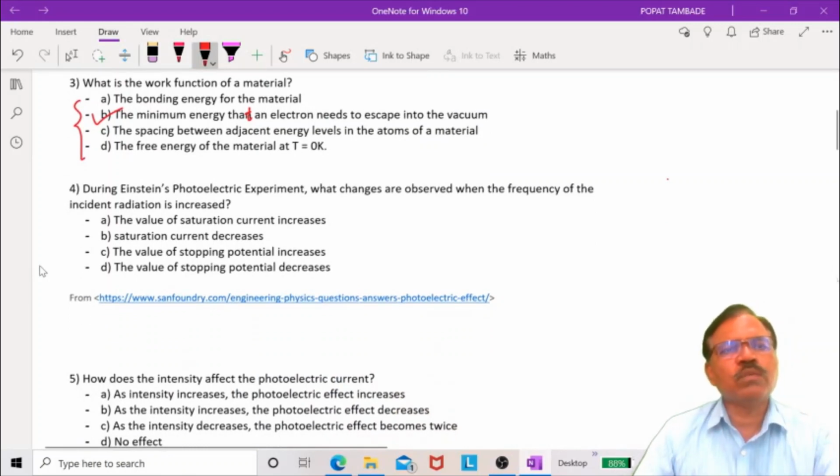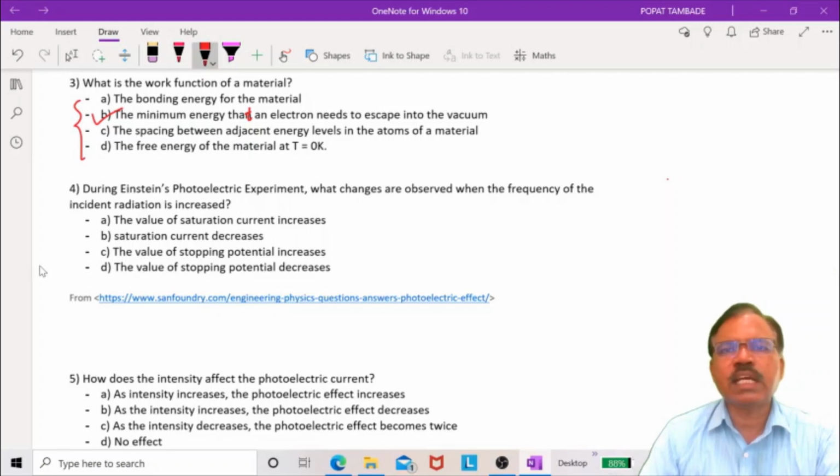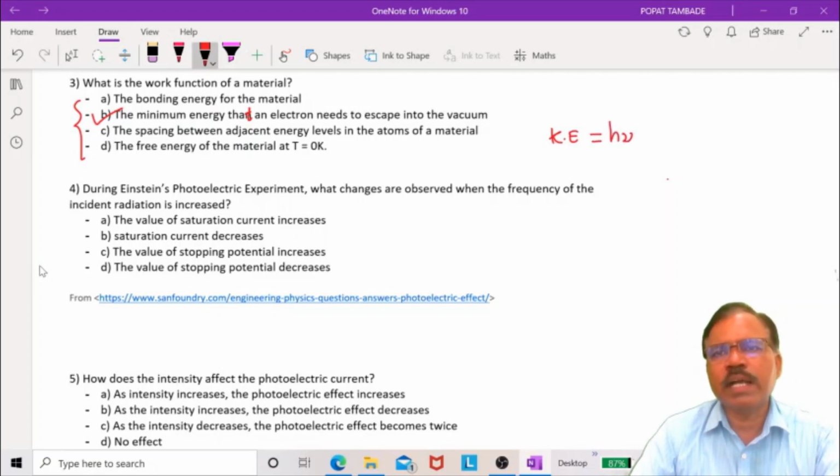Now, fourth one, during Einstein's photoelectric experiment, what changes are observed when the frequency of incident radiation is increased? We know Einstein's formula, KE is equal to h nu minus w, where w is the work function, h nu is the energy of incident radiation, nu is frequency, and KE is the kinetic energy of the emitted electron.